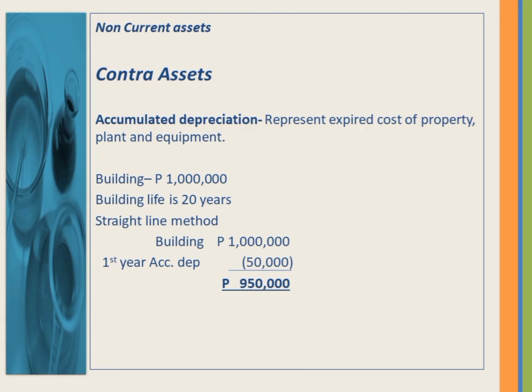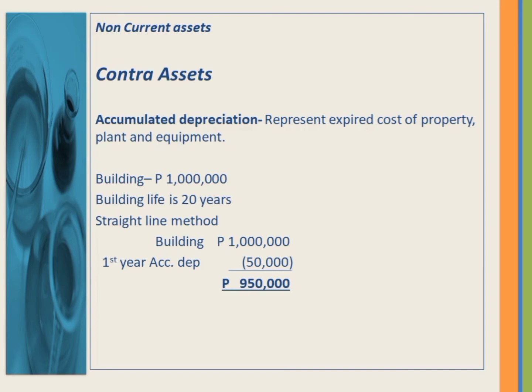For the straight line method, we just have to compute using the cost of the building. Example, 1 million divided by 20 years will come up to 50,000 per year. That means the building value will depreciate 50,000 every year.